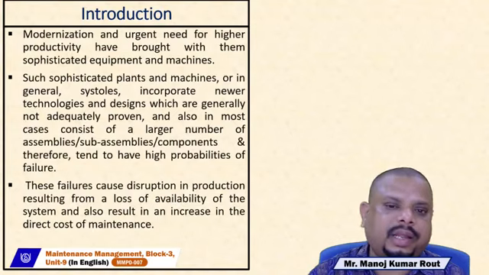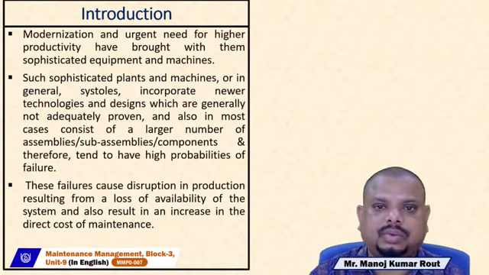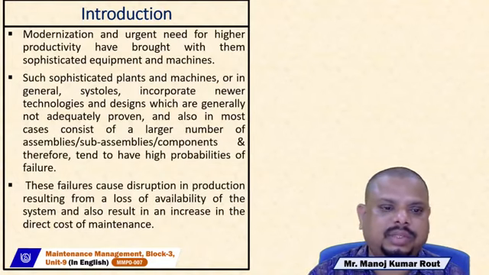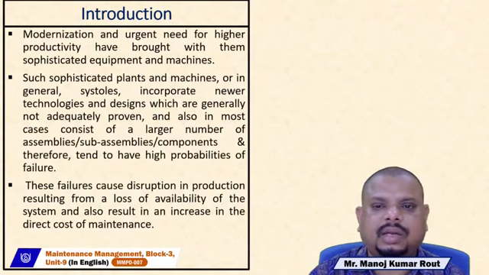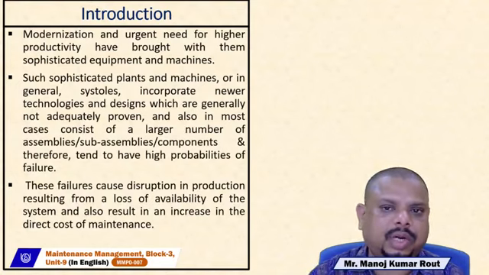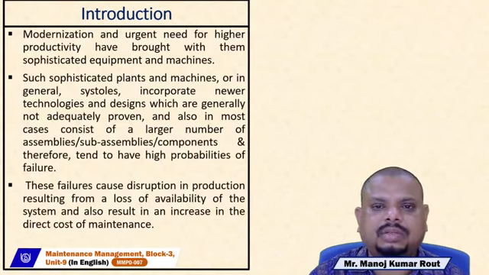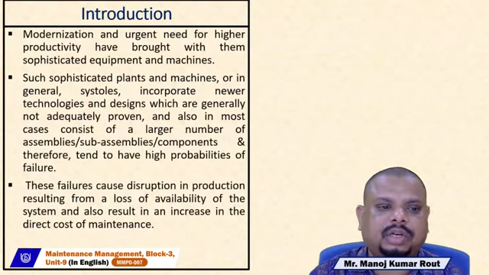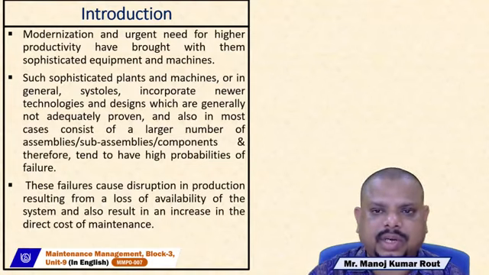So this point applies directly if a company uses sophisticated machines, which consist of large varieties and large numbers of assemblies, sub-assemblies and components. It includes not only components, but also some complex and precise components. So there may be high probabilities of failure if you go for higher productivity with the help of sophisticated plant and machines.